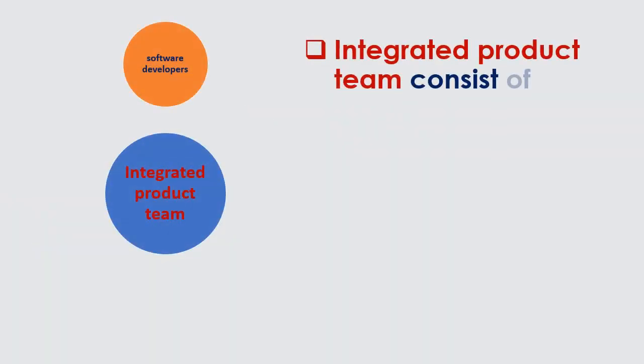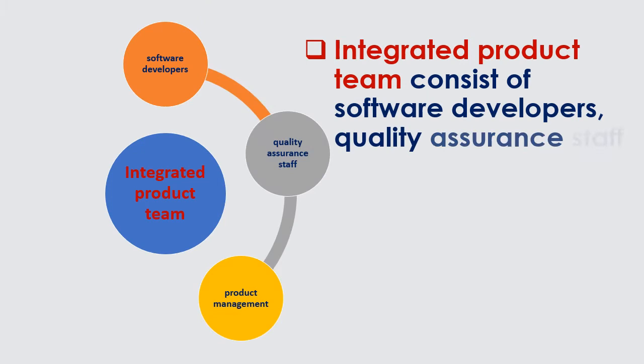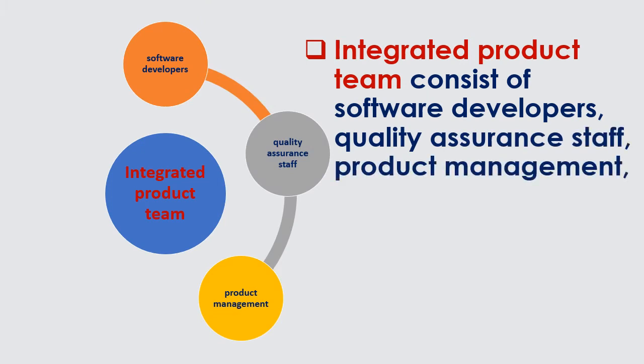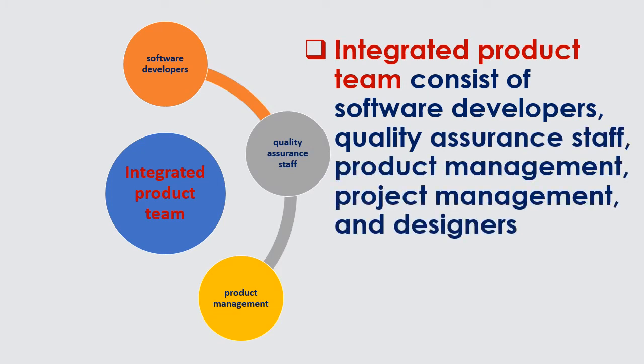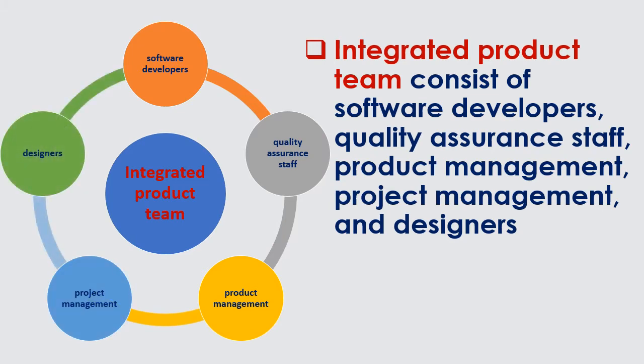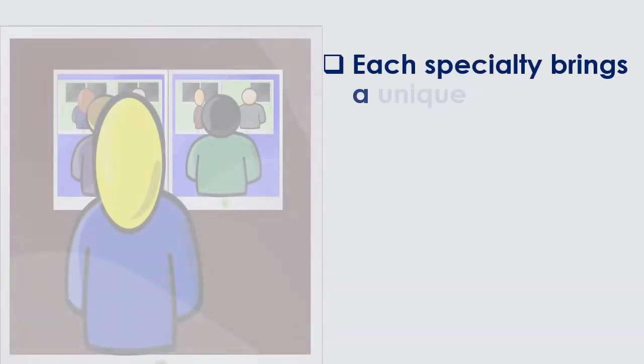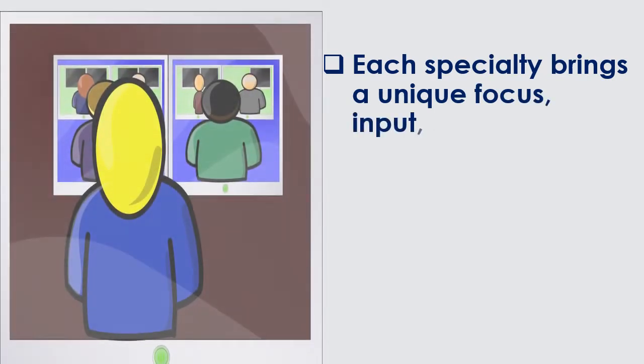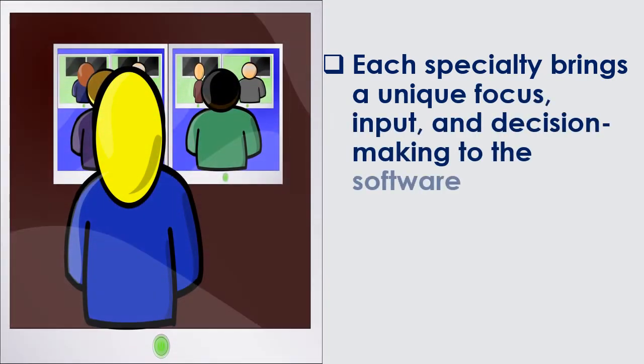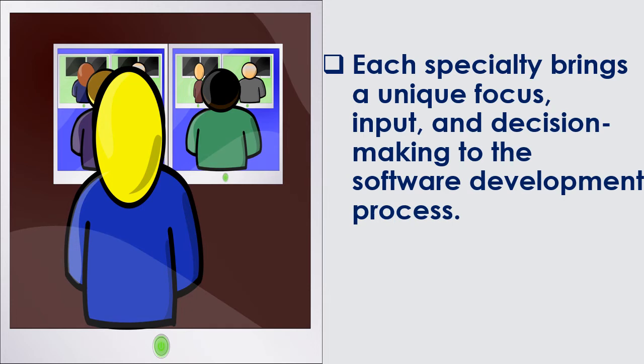It consists of software developers, quality assurance staff, product management, project management, and designers. Each specialty brings a unique focus, input, and decision-making to the software development process.